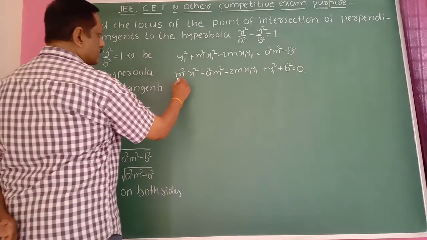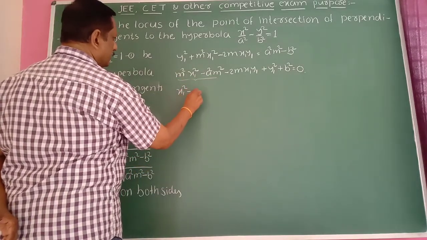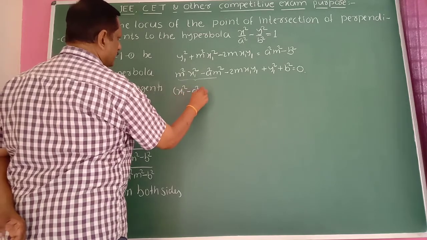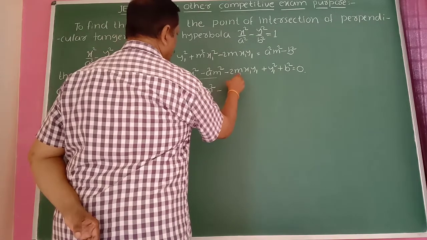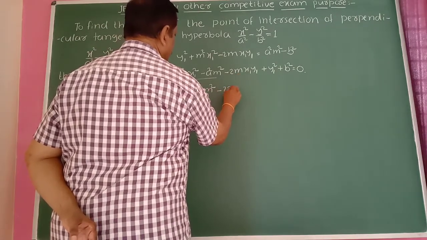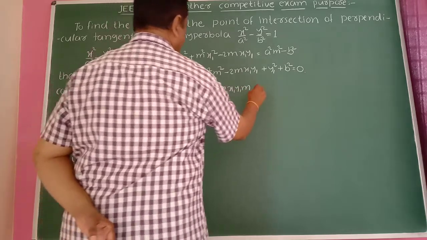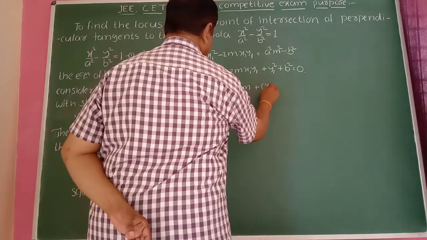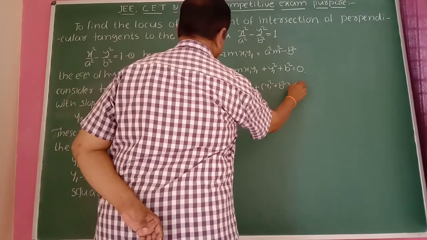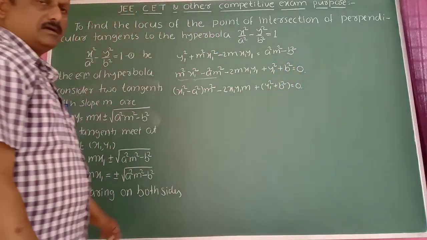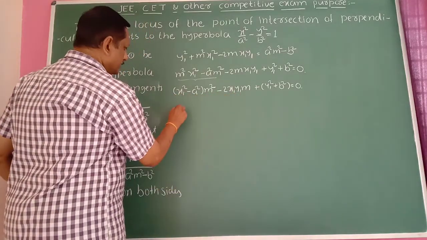Here m square is the common factor, hence x1 square minus a square into m square, minus 2 x1 y1 into m, then plus y1 square plus b square is equal to 0. Obviously it is a quadratic equation in m.